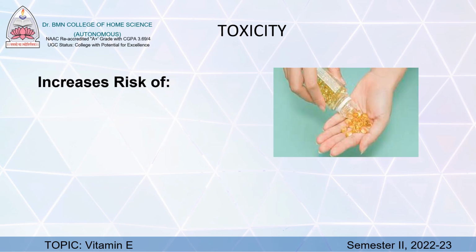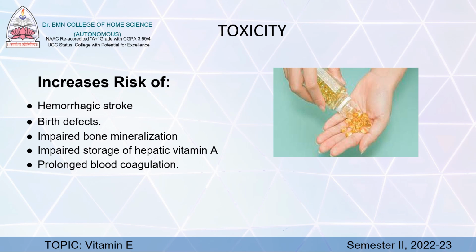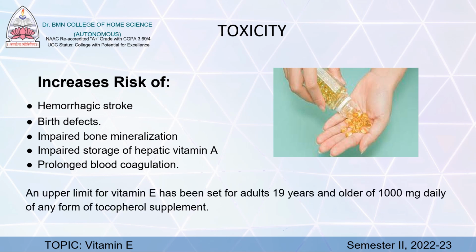Toxicity of vitamin E increases the risk of bleeding in the brain, results in hemorrhagic stroke, risk for birth defects, impaired bone mineralization, impaired storage of hepatic vitamin A, prolonged blood coagulation. Hence, an upper limit of vitamin E has been set for adults of age group 19 years and older of 1000 mg daily for any form of tocopherol supplement.